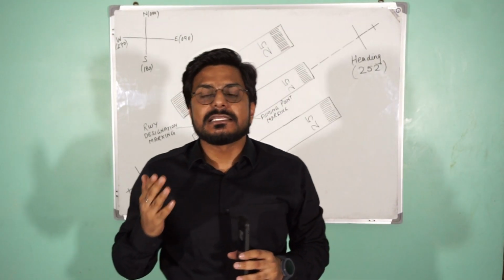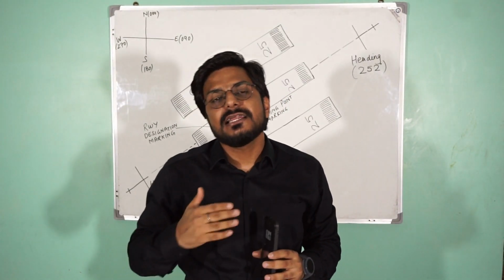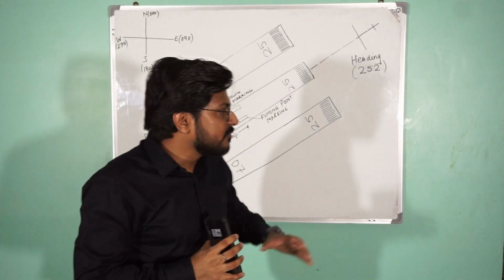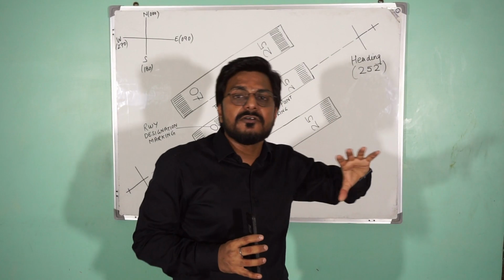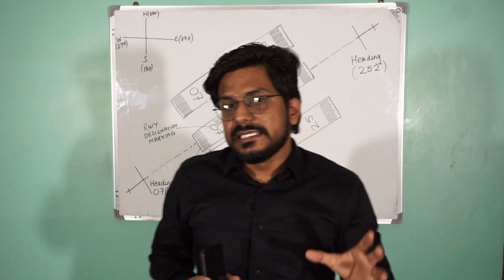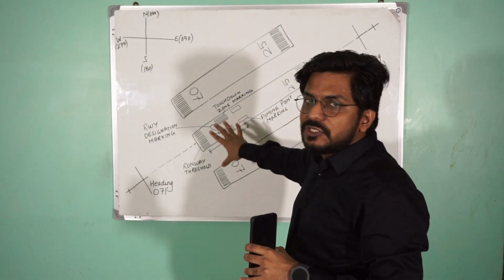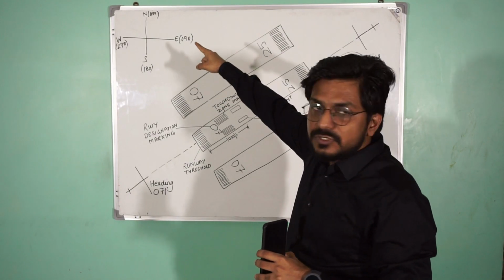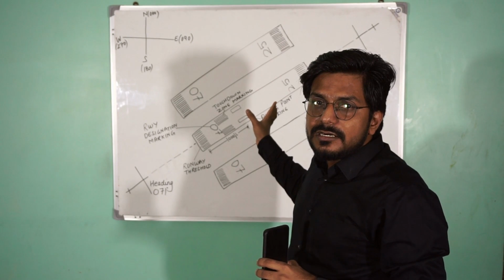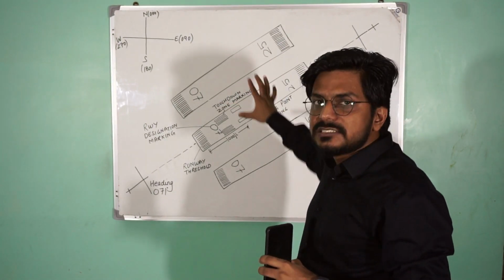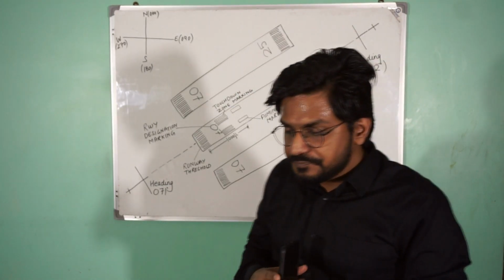So you have to consider that direction as 000, and in that case the runway will be of different orientation. This 0725 is as per this north direction. If the north direction is different, then this will be totally different.